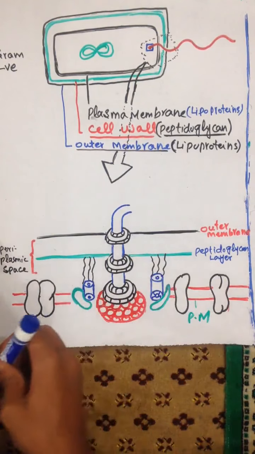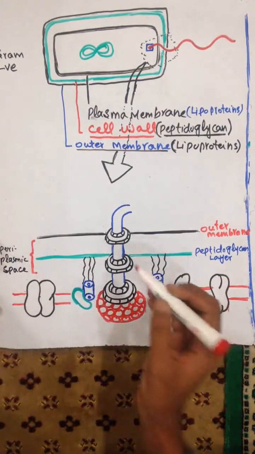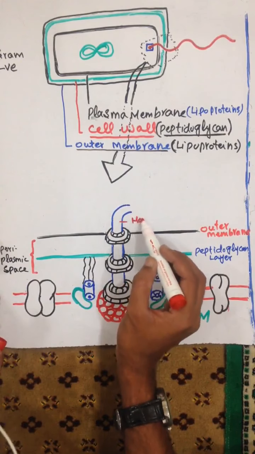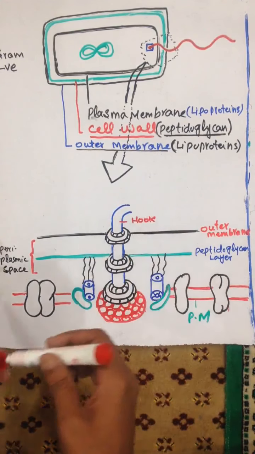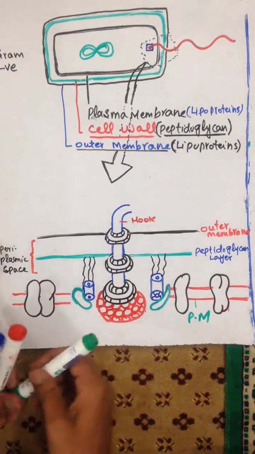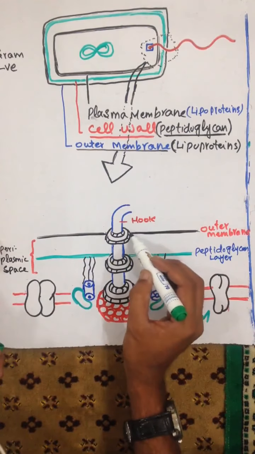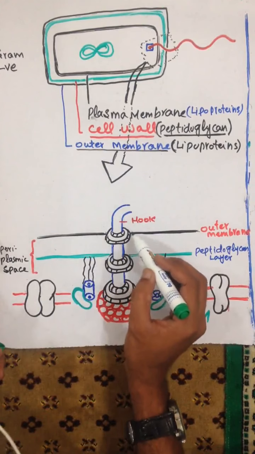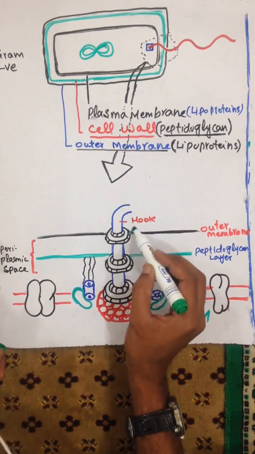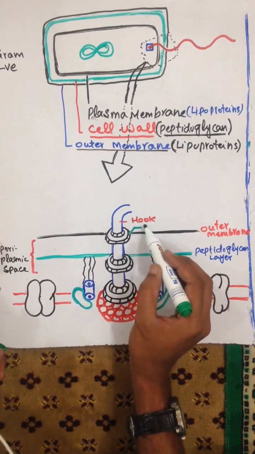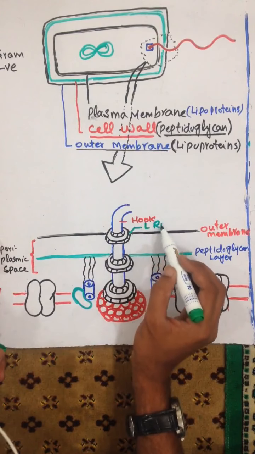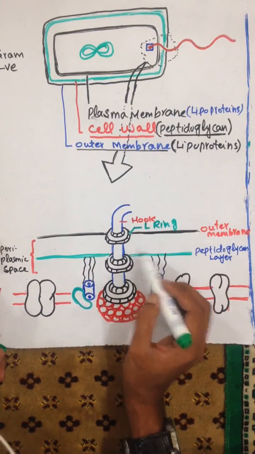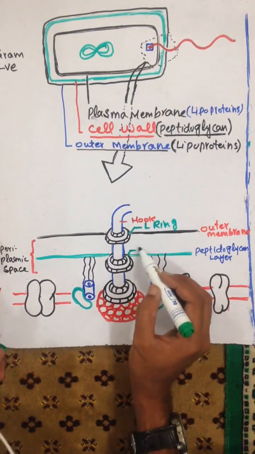Now mention the rings. This is the hook, this is a hollow hook, these are the rings. The first ring is called the L ring. This is called the peptidoglycan, this is called the P ring.